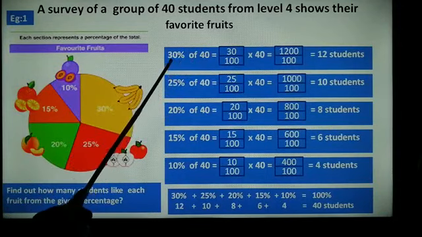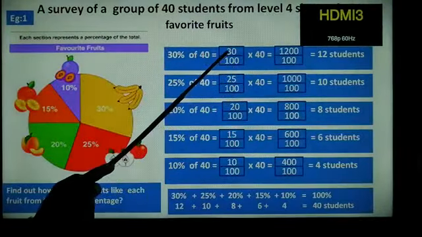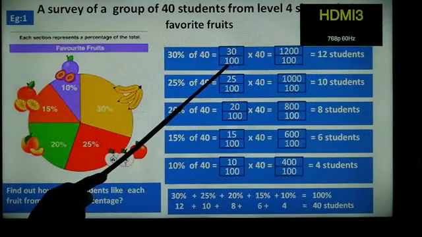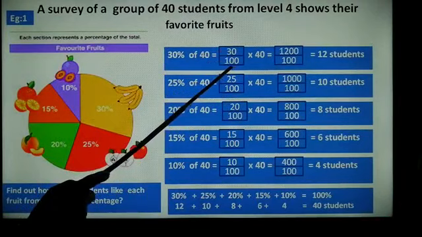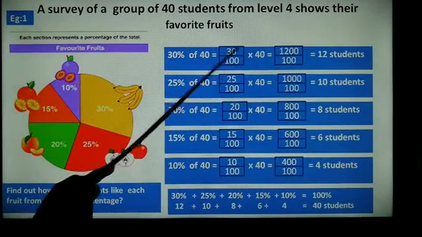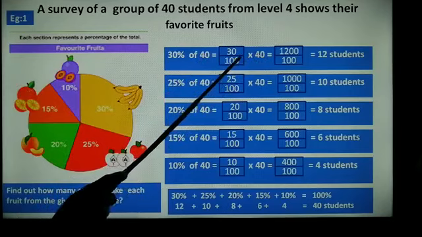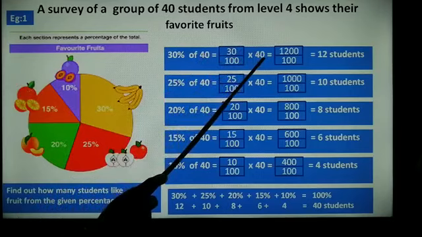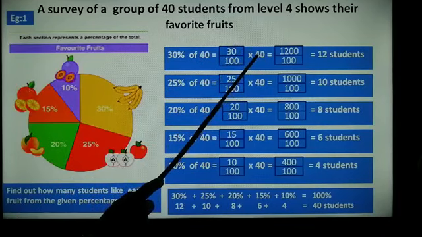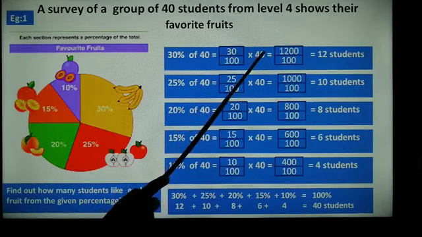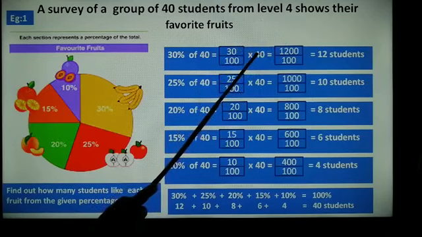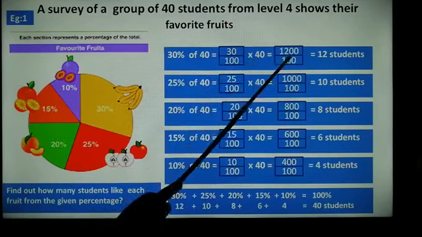So 30%, how will we write it in fraction form? 30 by 100, multiplied by the quantity. The quantity is 40. So 30 multiplied by 40. It is a very easy multiplication because you only have to multiply the numbers, then add the 2 zeros. So 3 fours are 12.